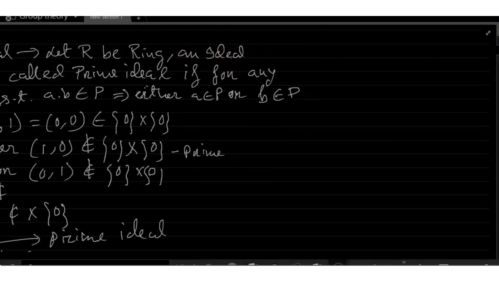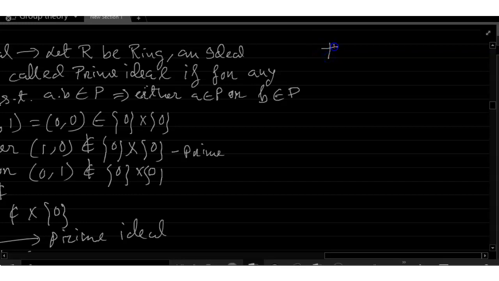Now friends, again I want to discuss the ring R equals C[x] divided by (x square plus 1).